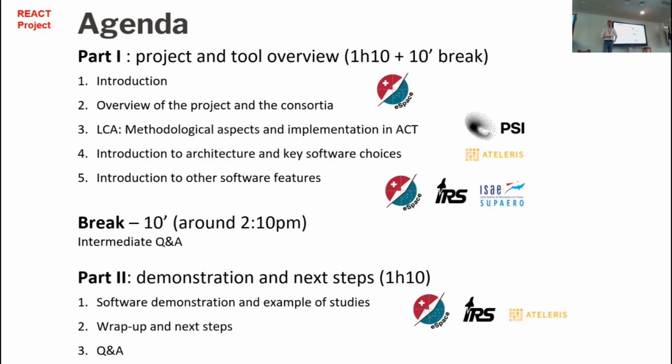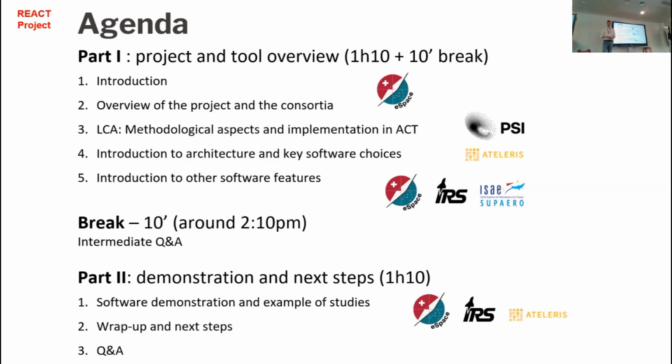And the agenda will be organized in this way. We have 2 parts. The first one lasting about 1 hour and 10 minutes, where we will introduce the project, also explain the results in terms of methodology and theory more, how the tool was built and what we can do with it. Then we'll have a break, and at that time we can also collect questions.